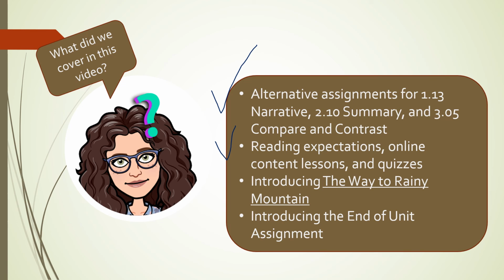Make sure you go to your online content and complete those assignments. We introduced The Way to Rainy Mountain and talked about the structure of it. And we introduced the end of unit assignment. Once again, that is coming up way far down the line and we're going to talk about it a lot more going forward. What I want you to concentrate on this week is reading The Way to Rainy Mountain. Then we will concentrate on the project aspect of it at a later time.